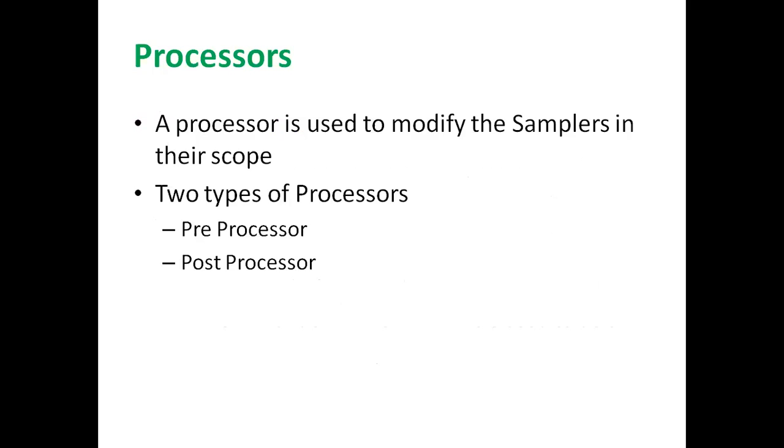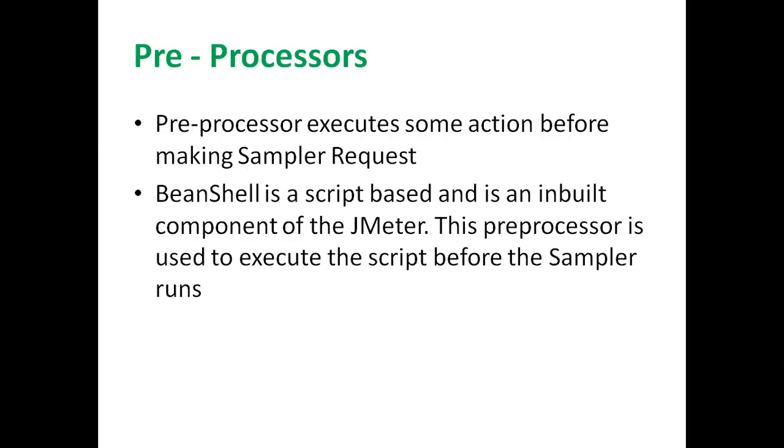And next will be processors. A processor is nothing but it will modify your samplers in the scope. You want to modify the sampler before the request or after the request, that will be done using the pre-processor or post-processor. Pre-processor is nothing but you want to make changes to the sampler before running it. There is one thing called BeanShell scripting. So you can use BeanShell scripting and use this pre-processor to work on that.